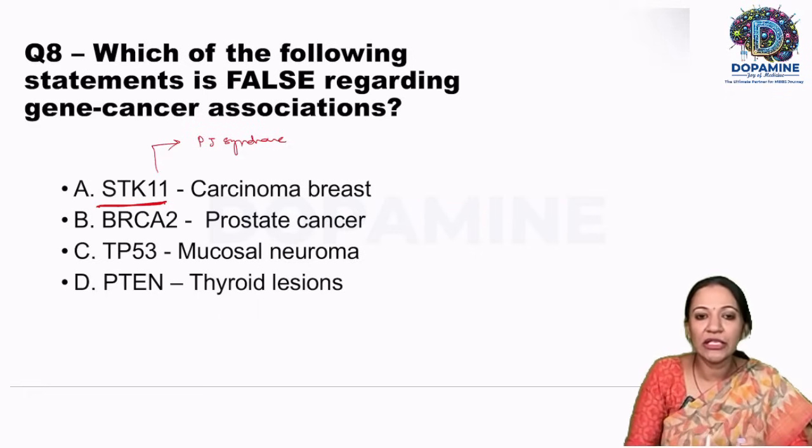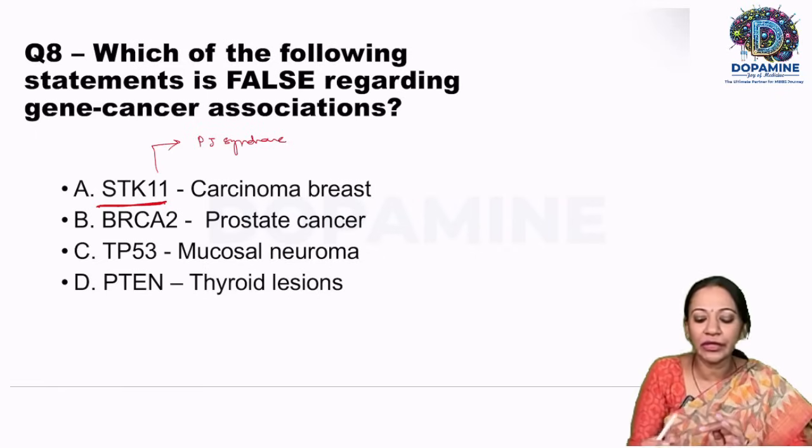They will have a family history, multiple hamartomatous polyps all along the GIT. So that is the classic sign in Peutz-Jeghers syndrome. People with Peutz-Jeghers syndrome have a high risk of not only colonic carcinoma, but also carcinoma breast, gastric cancers, pancreatic cancers.